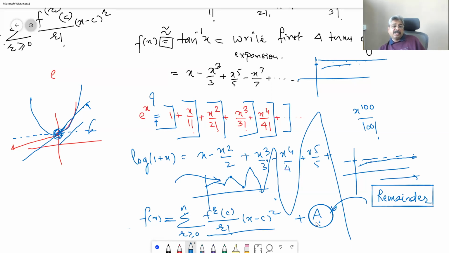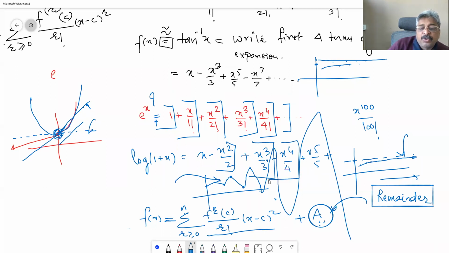This remainder calculation will be successful and will work provided the functions are what we call eventually convergent. In other words, if we evaluate the remainder R, because if I stop after 2 terms, I will get some remainder. If I stop after 3 terms, I will get some remainder.